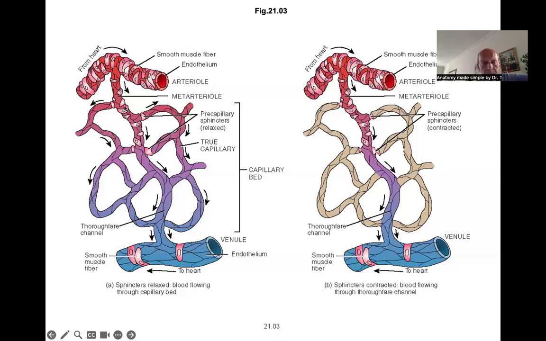However, you see that there are a couple of smooth muscle fibers that are also part of this diagram, wrapped around the capillary wall. What they do, they are practically functioning as sphincters. On the left-hand side, these sphincters are fully relaxed, enabling the capillary bed to get filled with blood maximally.